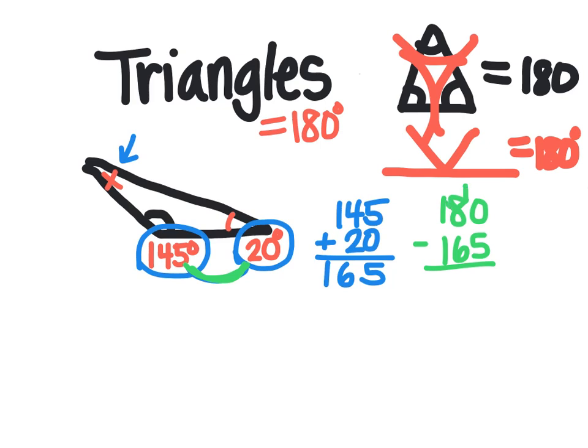When I do so, I need to make sure I'm using basic subtraction rules. If I need to borrow, please make sure that you do so. And we end up with 15. So angle x is worth 15 degrees. If we simply add up 15 plus 45 plus 120, it should equal 180 degrees.